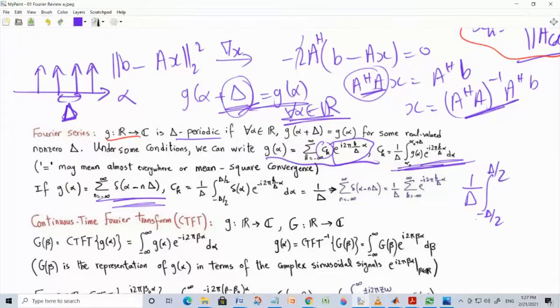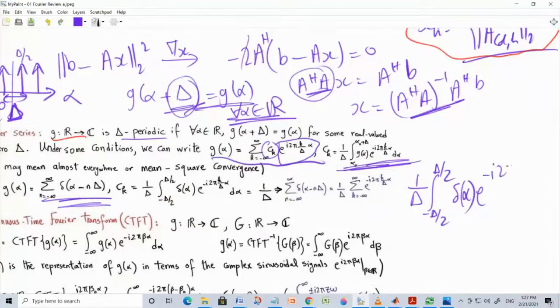The most important thing is that you integrate over a period. So if this is 0, you have one lone Dirac delta living here, and then you have e to the minus i 2 pi k over big delta alpha d alpha.